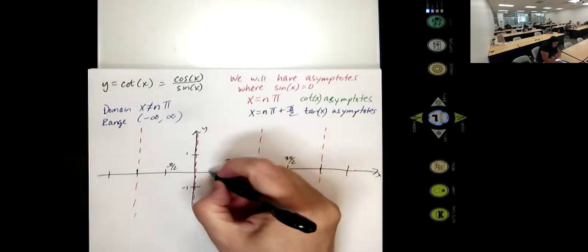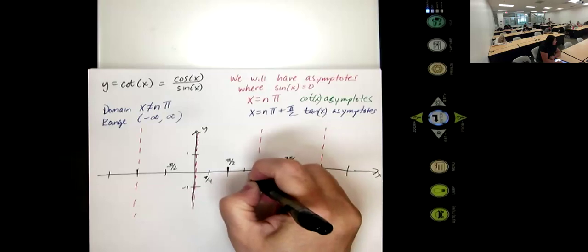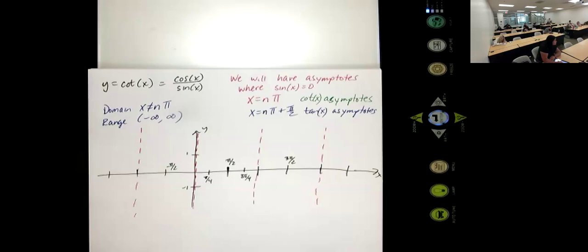And then let's look at the pi over 4 marks around the pi over 2, because we know stuff happened for tangent there, and we know tangent and cotangent just flipped over. So there should be some connection there.